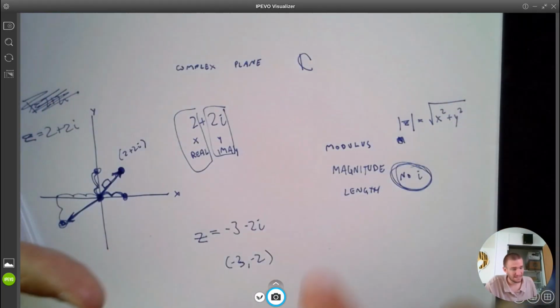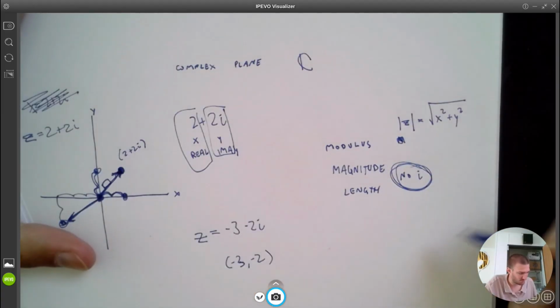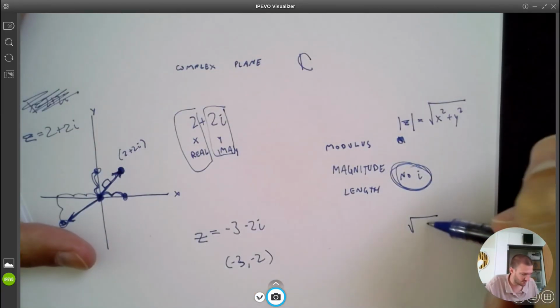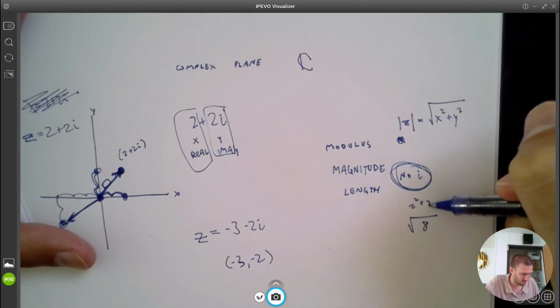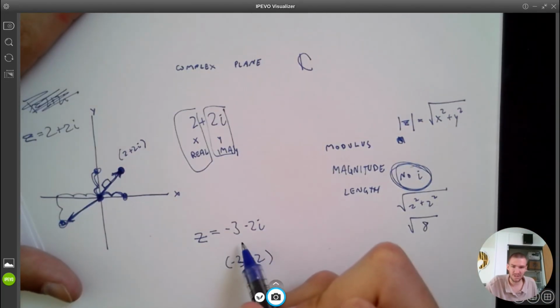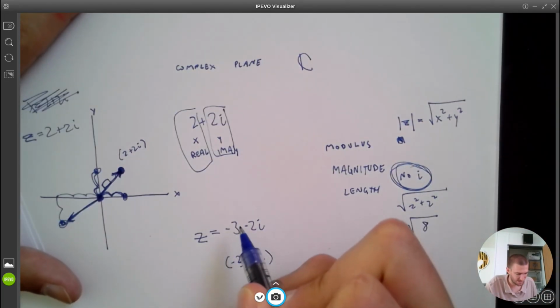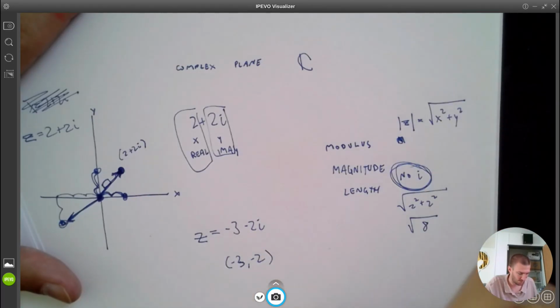Now that means that these moduluses are actually really straightforward. If it's 2, 2, then it's just the square root of 8, because it's 2 squared plus 2 squared square rooted, 4 plus 4 square rooted. If I wanted to find the modulus of this, it's just 3 squared, 2 squared, add them together, square root.